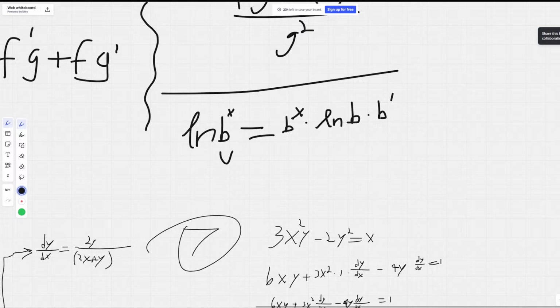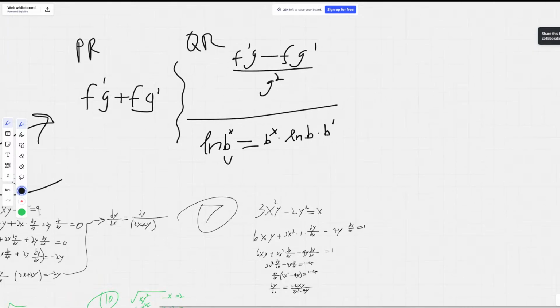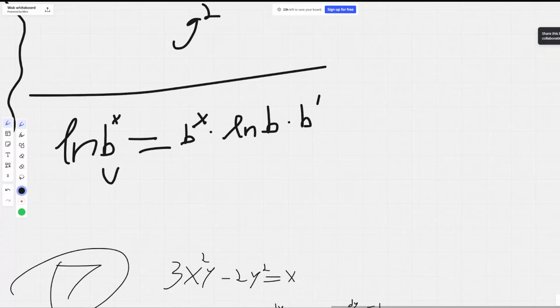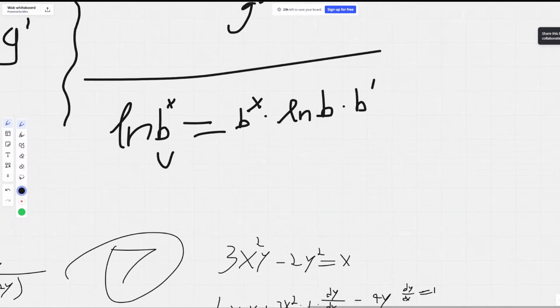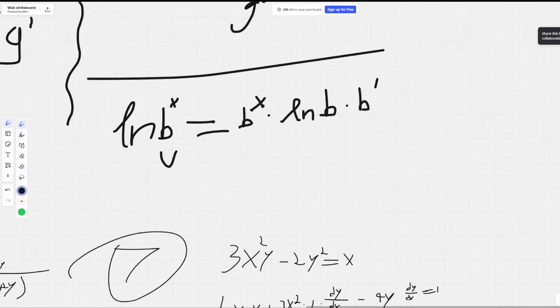But same extenuating circumstances. I think he actually had written down, where is it? Yes, he had written down this.